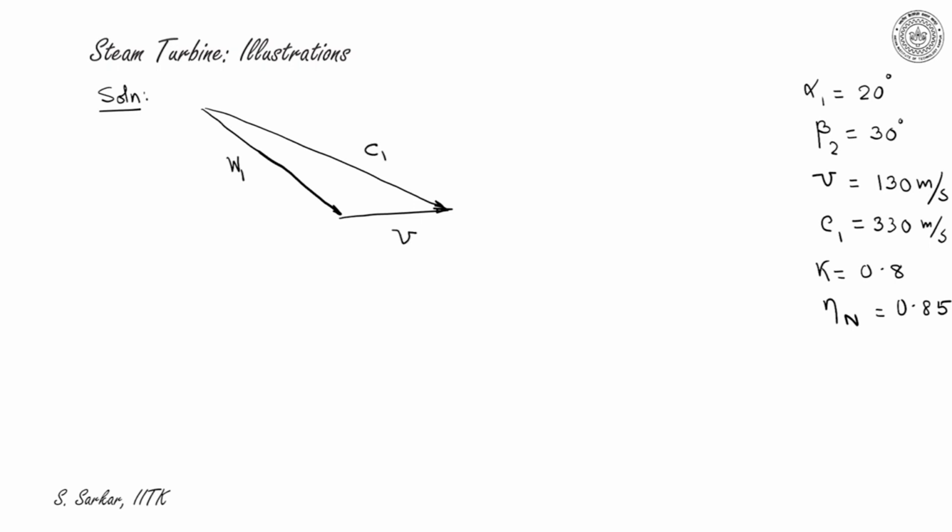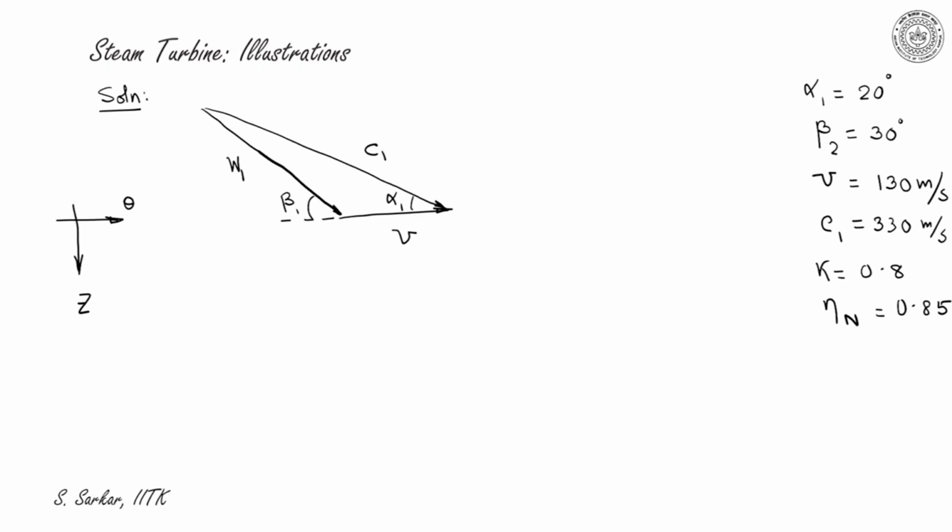This would be the tangential direction, theta. This will be the axial direction Z. All angles are referred with respect to the tangential direction. So hence this is beta 1 and this angle is alpha 1.